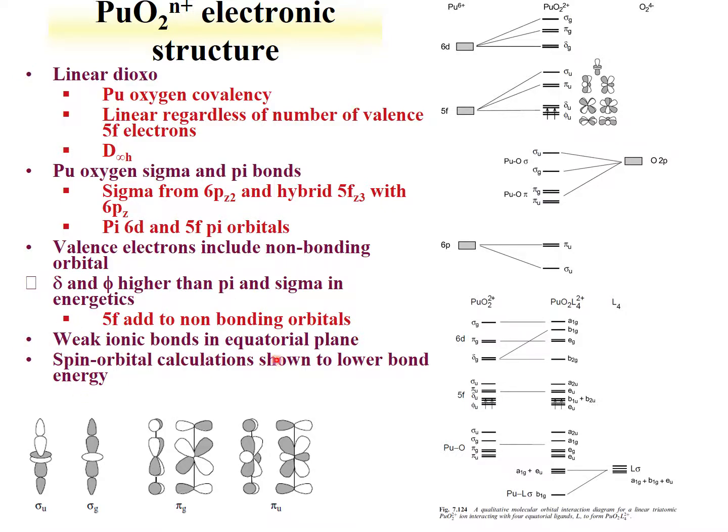There's weak ionic bonding in the equatorial plane, and again the orbital overlaps are shown here, and the full molecular orbital for the plutonium and oxygen forms the molecular orbital of the system, similar to the uranium, except we have a few more electrons on here. And then here's the extension of this molecular orbital of the plutonyl system binding with ligands. So this can be used to explore the UV-vis spectroscopy of the plutonyl system.